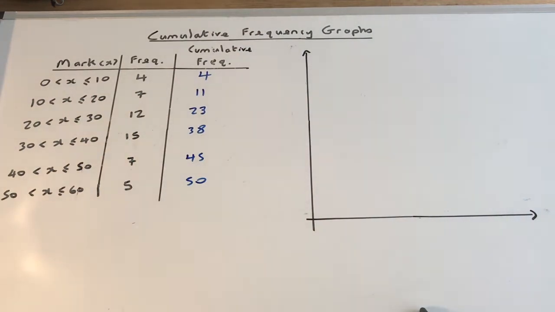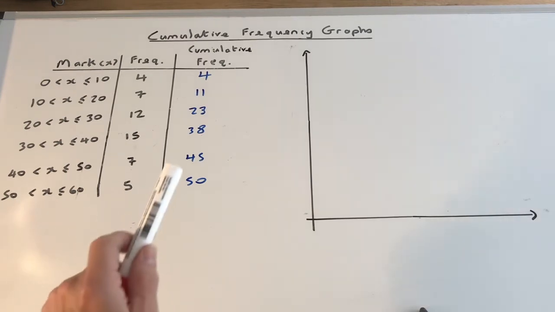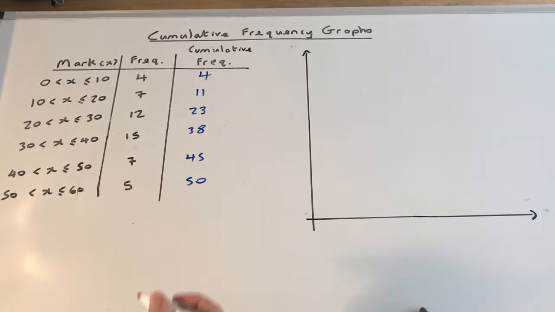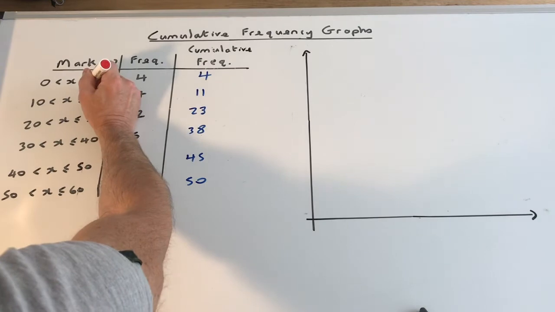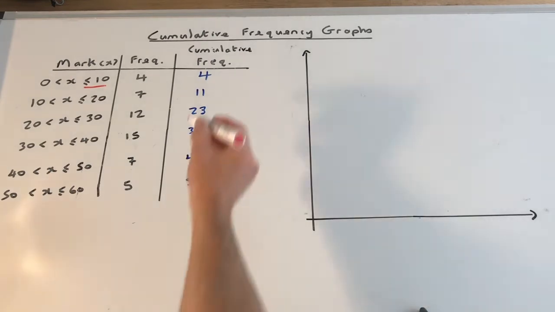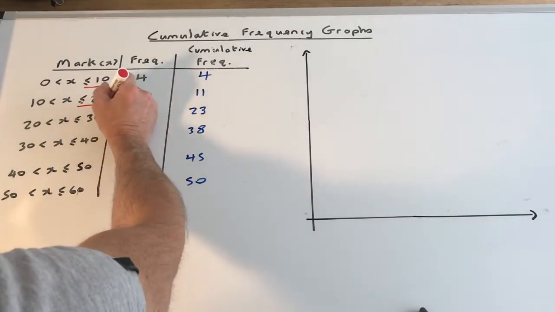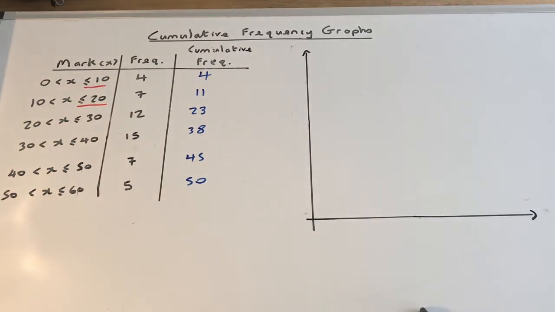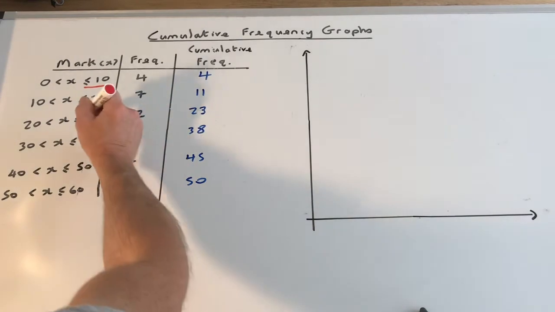Now, just to make this super clear, those first 4 people in this category here, they are the people who scored less than or equal to 10. So ignore the 0 at the start. These 11 people are the people who scored less than or equal to 20, in total, out of the whole of the students who took the test.